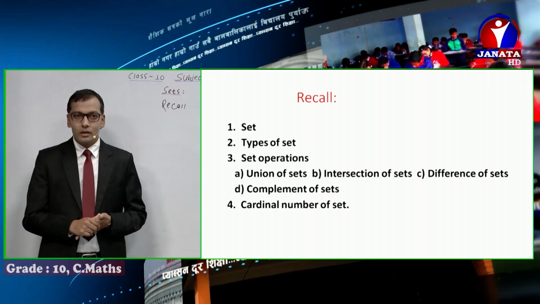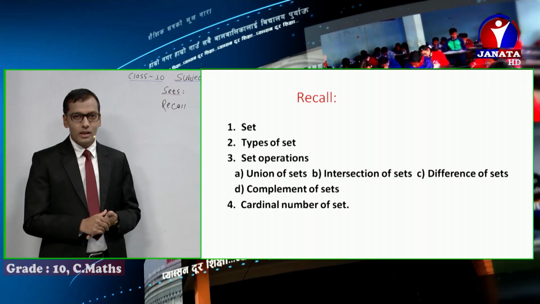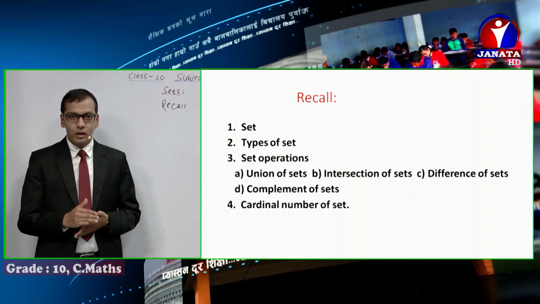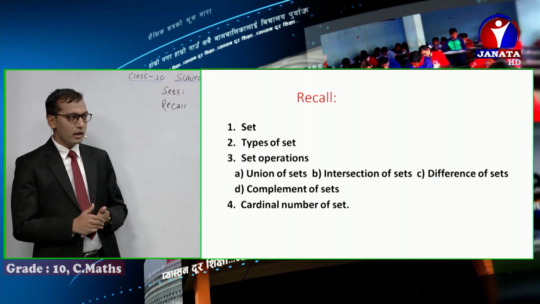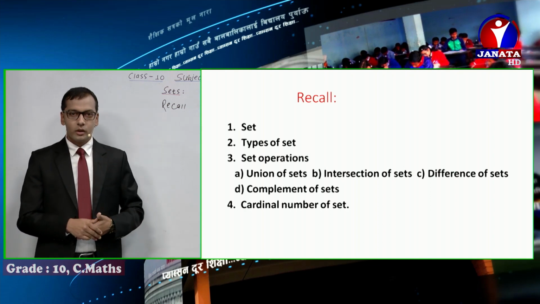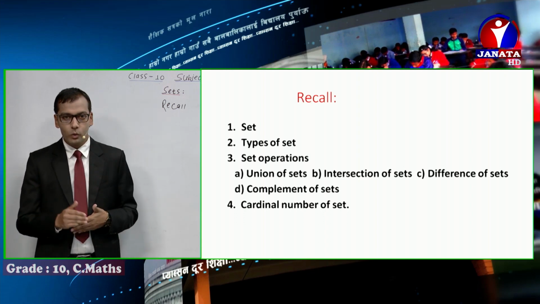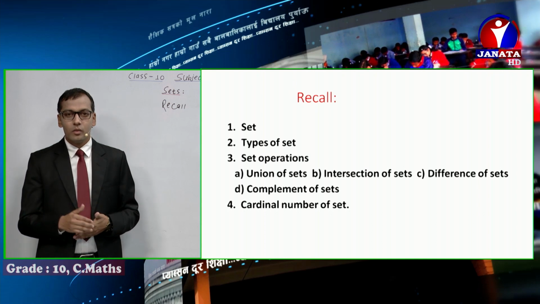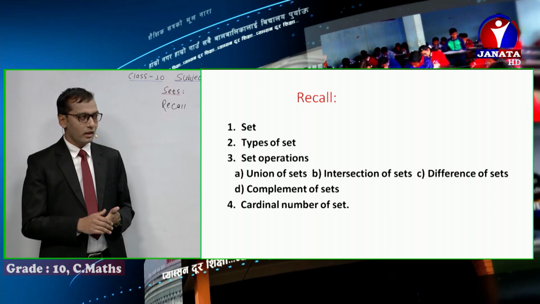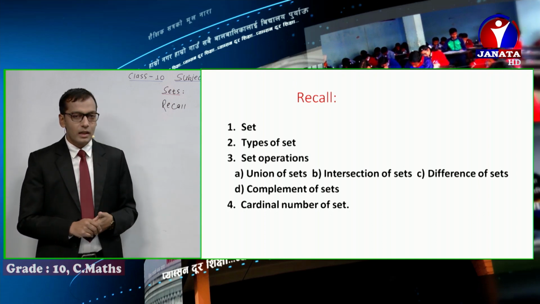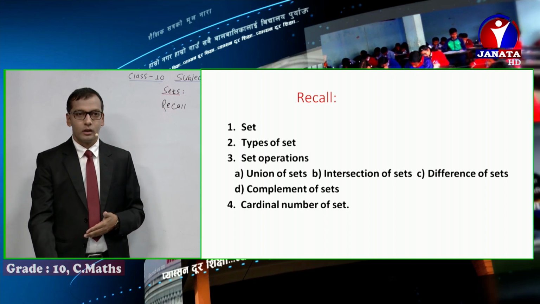So today, let me talk about what is the cardinality, what is the cardinal number of a set. We can have a short look in the slide. There are different topics which were already discussed in our first class on Friday. The last one is cardinal number of a set.